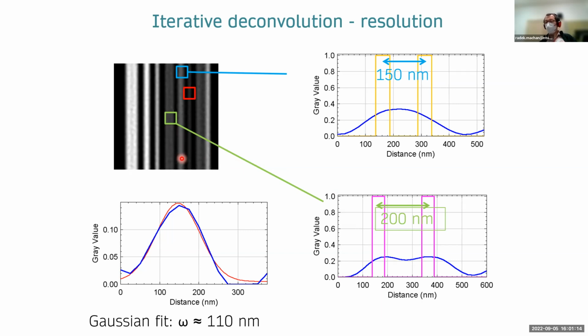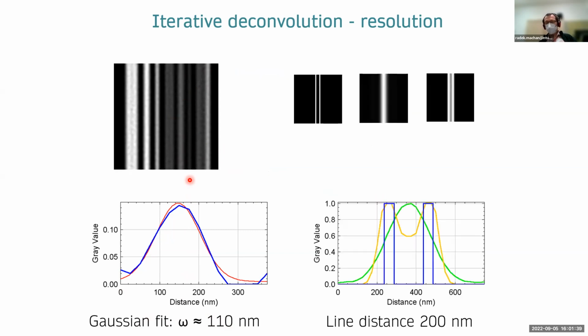So yes, we can improve the resolution a little bit, but of course this is an over-optimistic estimate, because it's based on a very incorrect way of estimating the resolution. So we can look at another example.